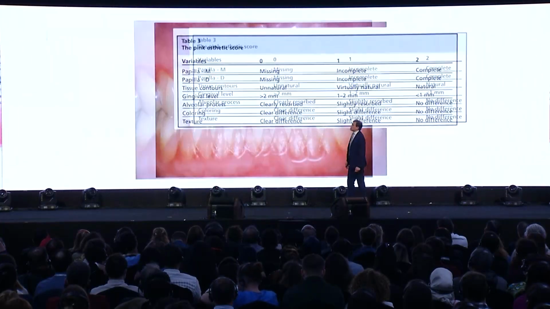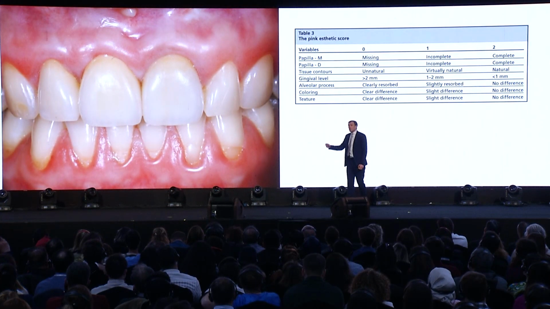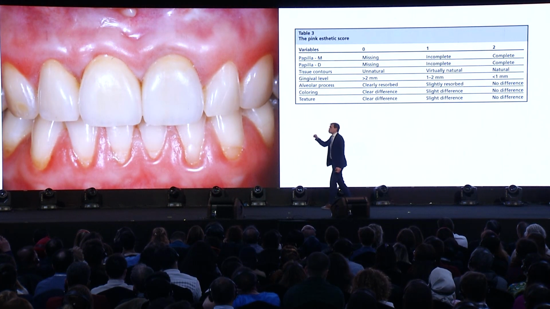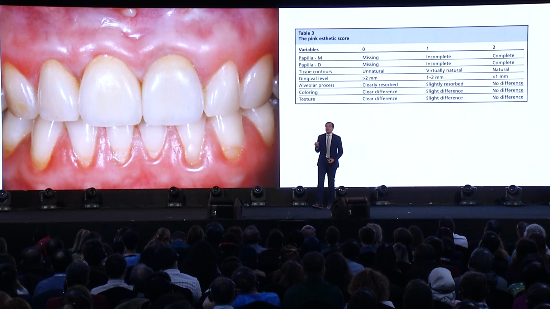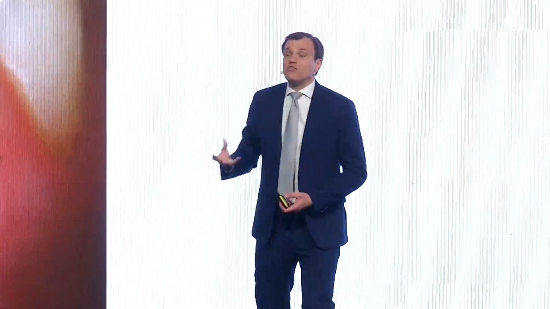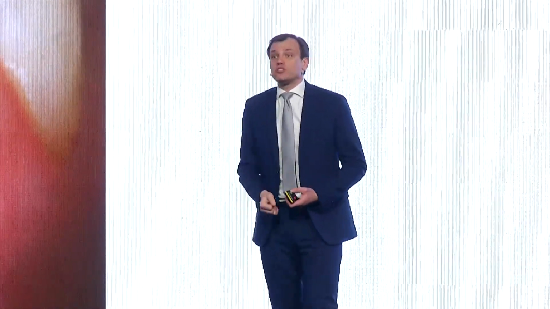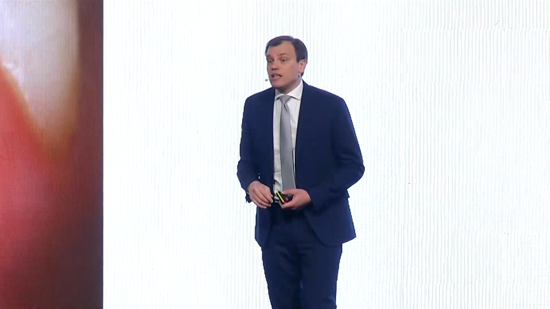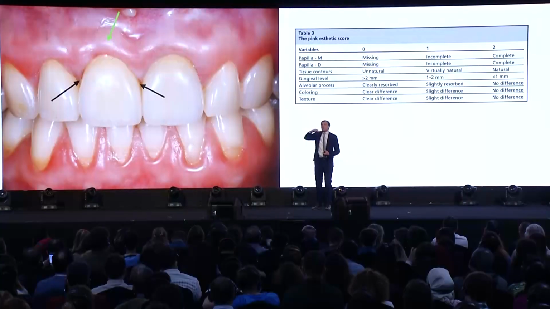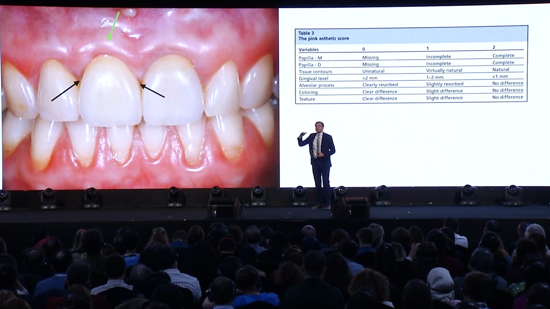What is pink aesthetic score? Pink aesthetic score is a very powerful measurement. Actually, this is the only measurement which can objectively say the quality of the tissues around different prosthetic materials. It includes the presence of distal and mesial papilla, the profile of the restoration, and the margin of the tissue.